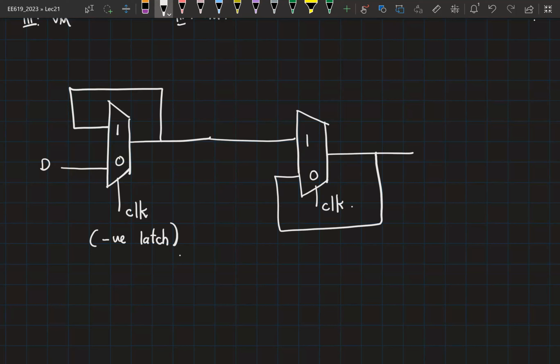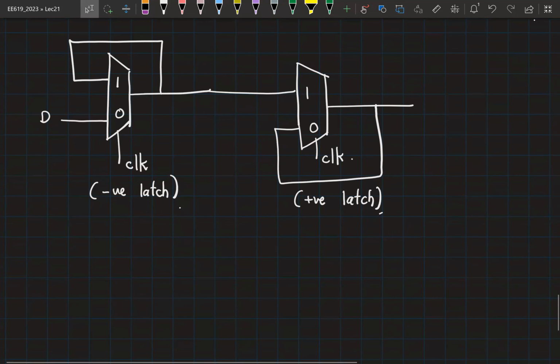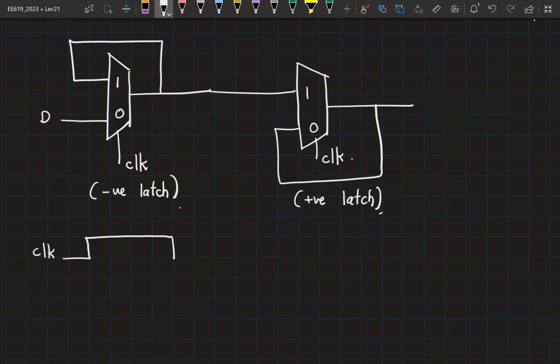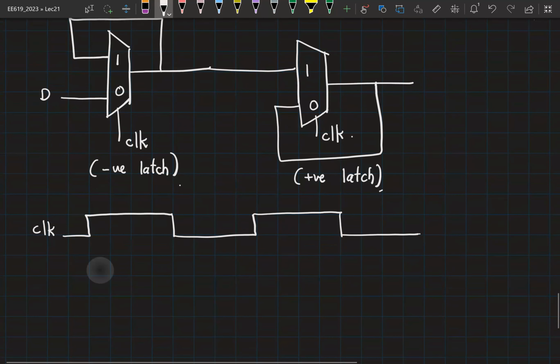What about the second latch? So this is a positive latch. Tell me after you have drawn the waveforms.